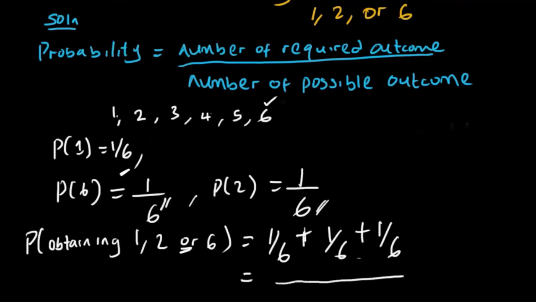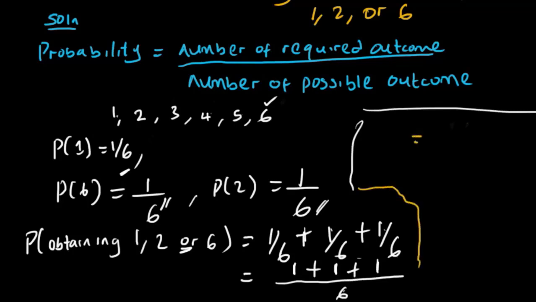LCM of 6, 6, and 6 is 6. 6 divided by 6 is 1. 1 times 1 is 1. Plus 6 divided by 6 is 1. 1 times 1 is 1. Plus 6 divided by 6 is 1. 1 times 1 is 1. So we have 1 plus 1 plus 1 will give us 3 over 6. 3 goes into 3 once and into 6 twice, so we have 1 over 2.